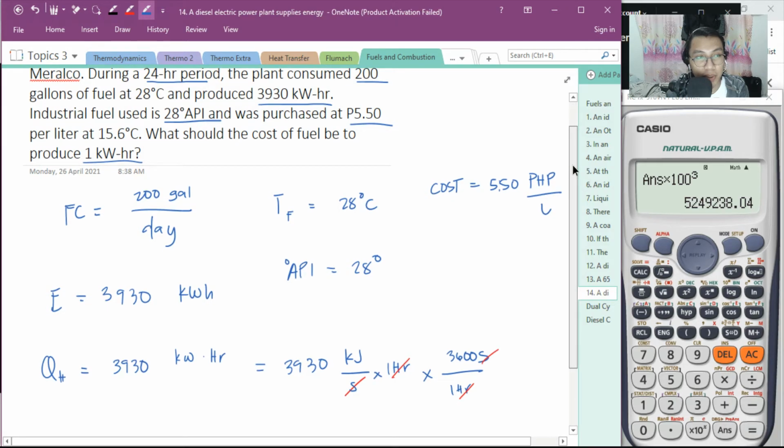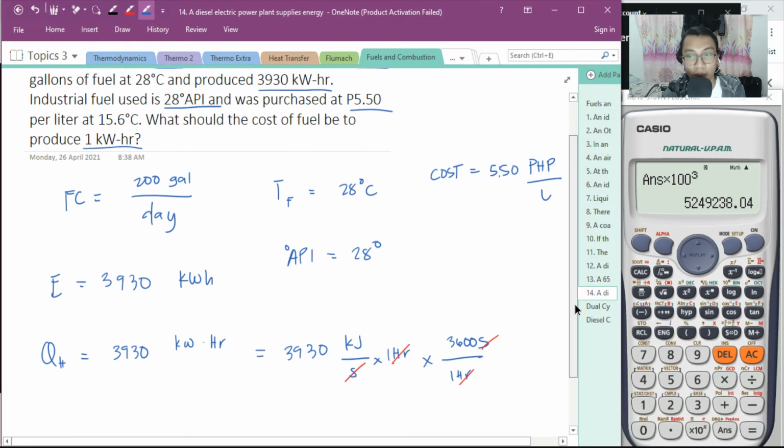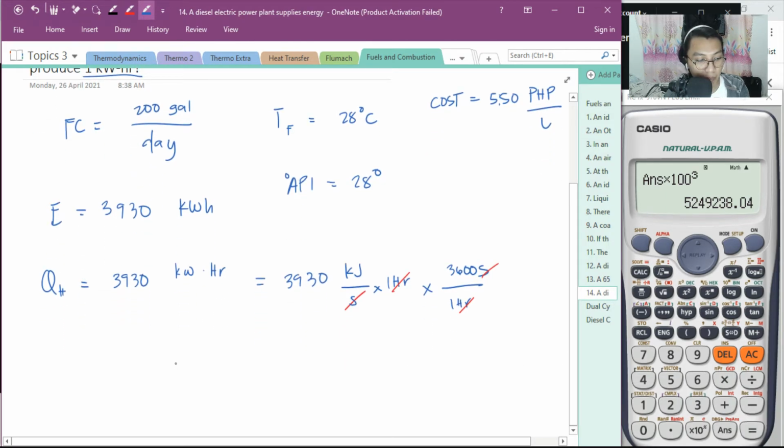Kalimutan ko na kung paano ko sinosolve to dati. So, dito tayo magmula. Okay? 200 gallons of fuel at 28 degrees Celsius. Tapos, makapag-produce ka nito. Okay? Kilowatt per liter. Kunin ko muna yung total niya. Total density niya.